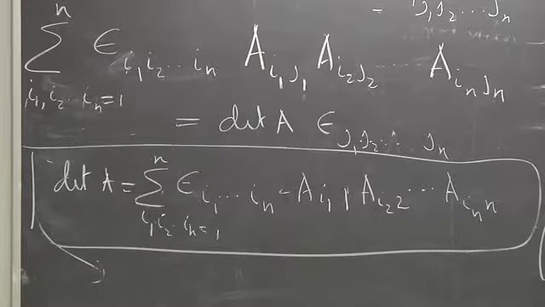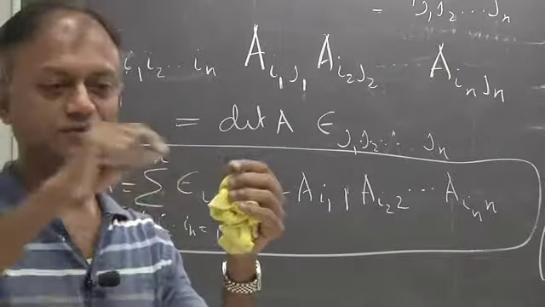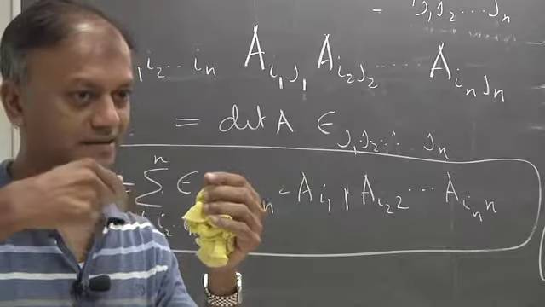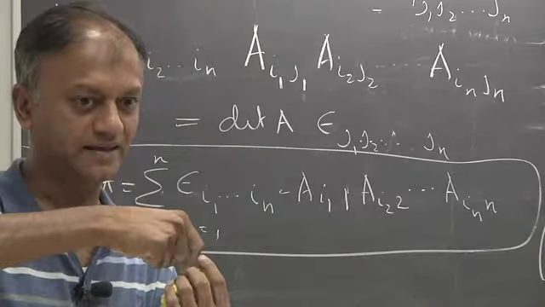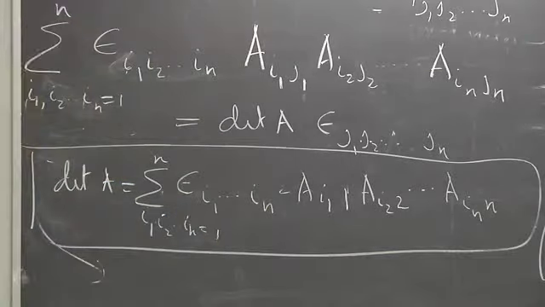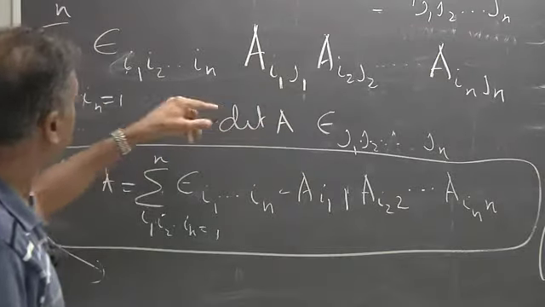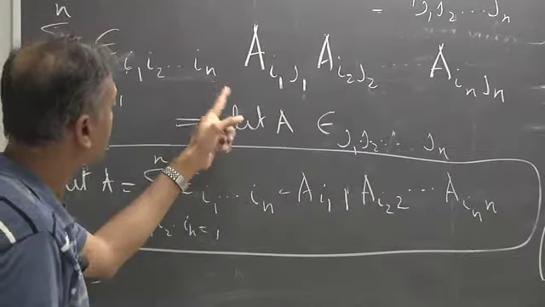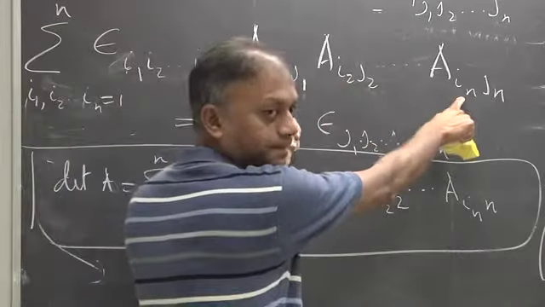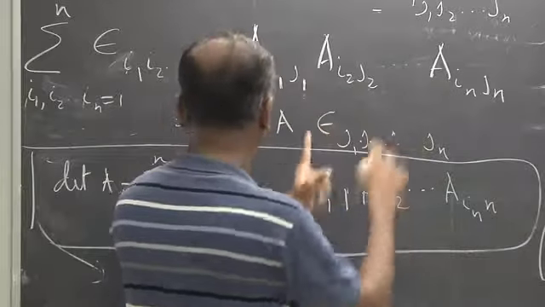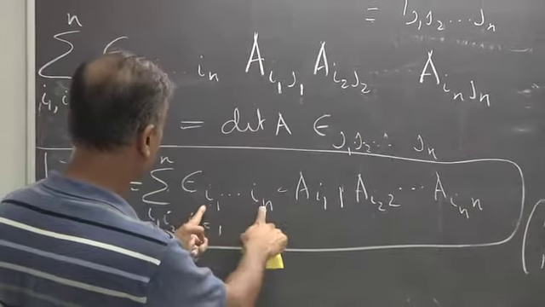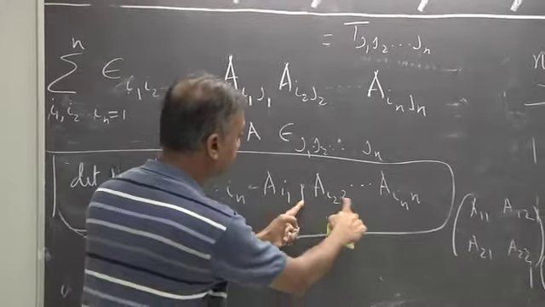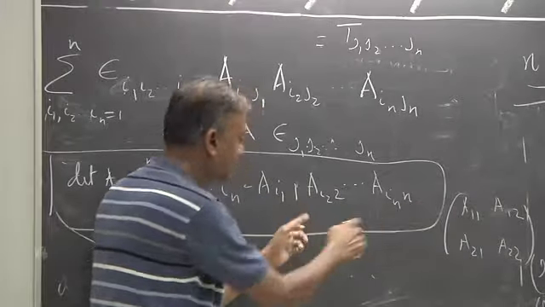Okay, now just to show you how useful this formula is, you remember some of the properties of determinant. To do the determinant, you can either choose a row and open up like that, or you can choose a column and open it up like that, right? The difference between these two is that here I chose this epsilon, the indices here, I contracted with the row indices, keeping the column indices fixed.